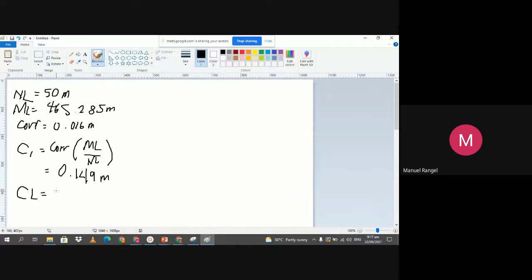Here, it is measured and the tape is too long. So what is our rule? Add. So 465.285 plus this value 0.149.